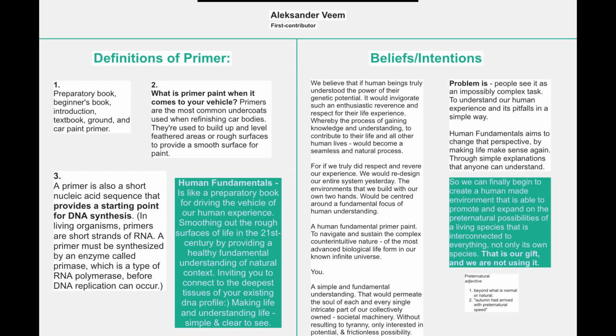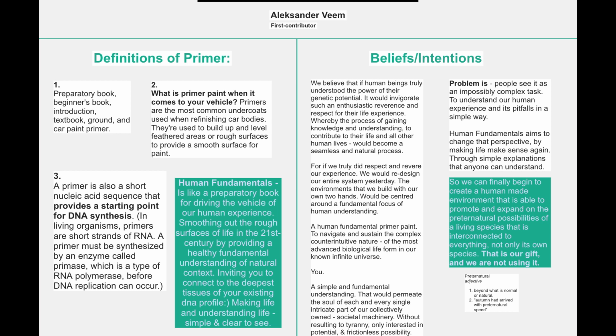This simple and fundamental understanding would permeate the soul of each and every single intricate part of our collectively owned societal machinery, without resorting to tyranny, only interested in potential and frictionless possibility. The problem is, people today see it as an impossibly complex task to understand our human experience and its pitfalls in a simple way.